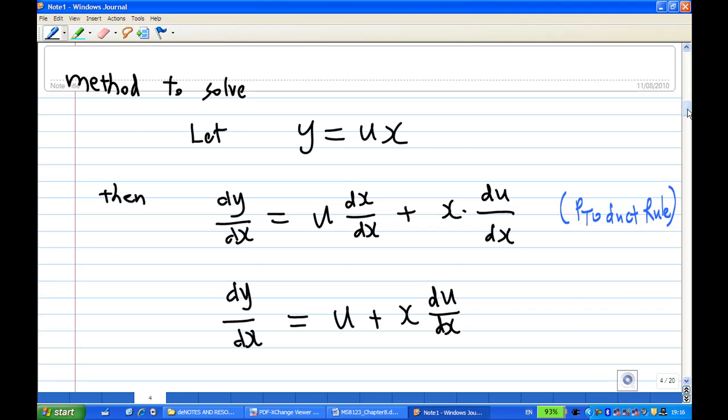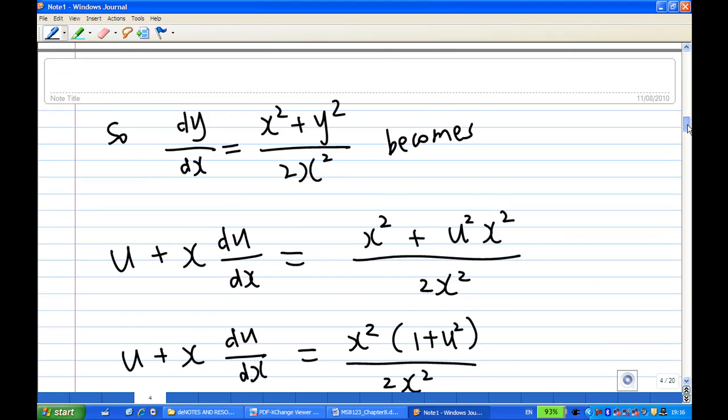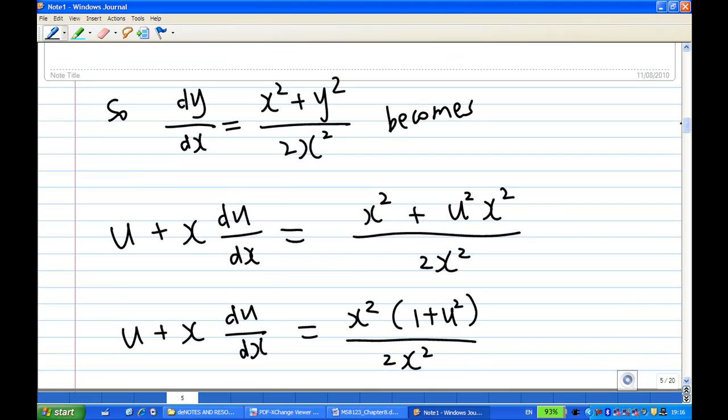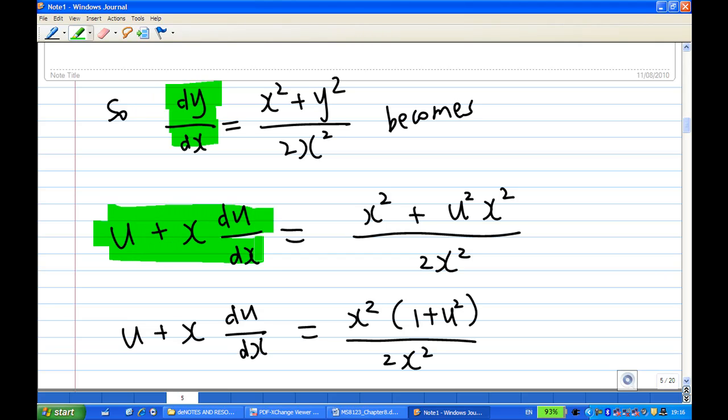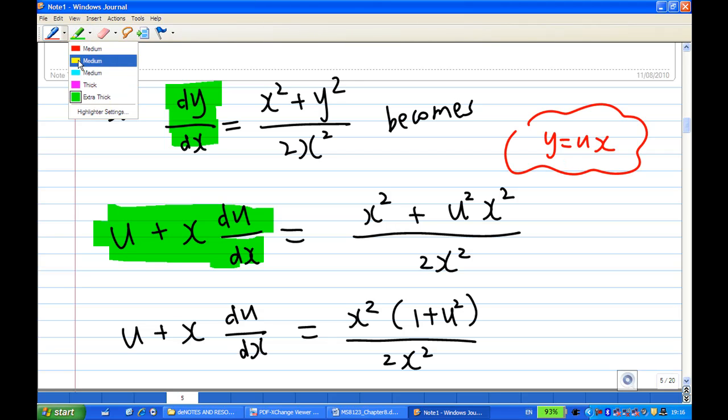Now put this into the original equation, dy/dx equals (x squared plus y squared) over 2x squared. The left hand side is dy/dx equals u plus x du/dx. And remember that y is equal to u times x, so whenever you see y, you put u times x, and that is why y squared becomes u squared x squared.